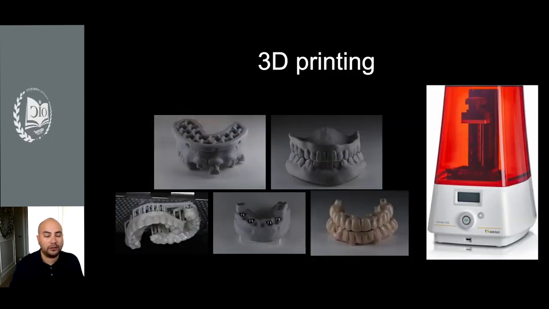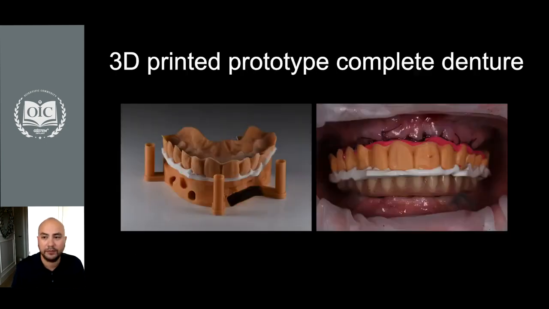Right, now let's talk about 3D printed technology, which initially was adopted for fabricating study models or prototype pickup dentures, and most recently I'm utilizing it to fabricate interim prostheses on the same day.